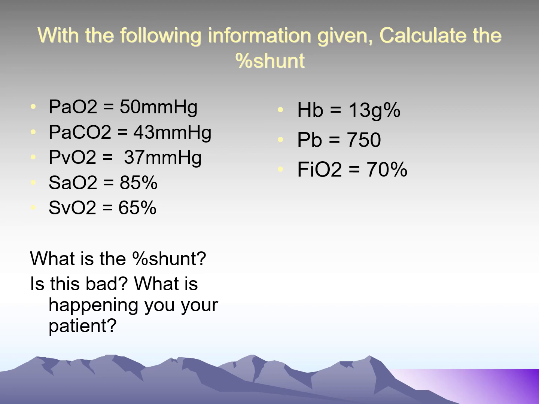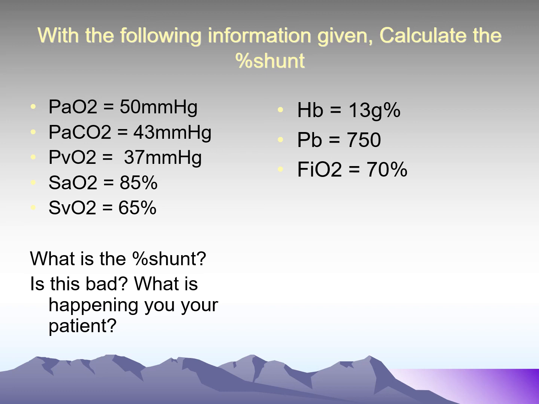And that's where you're going to use 747 to figure out your PAO2, your big PAO2. And you should get 18.73 for your CcO2, for your capillary O2. Then you are going to do all your math, and you should get a percent shunt of 52%.